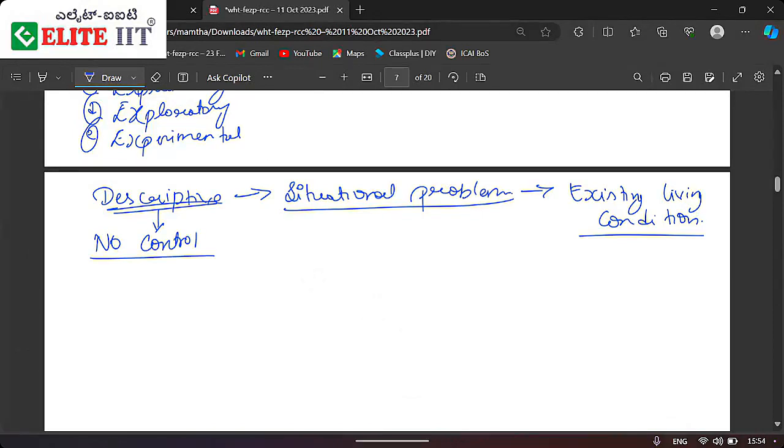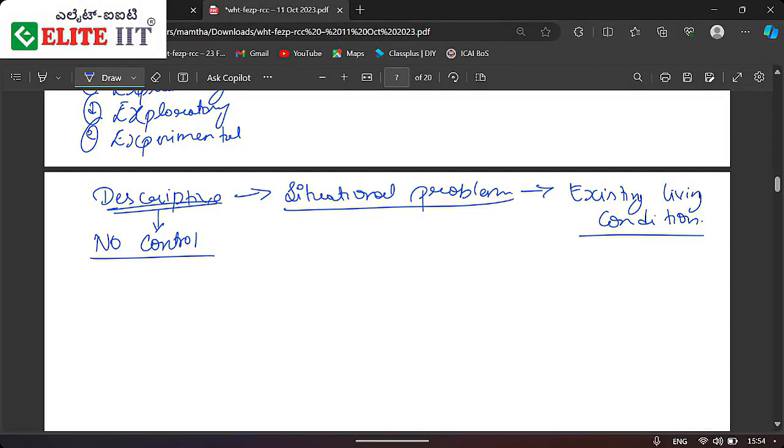I already said while we were discussing characteristics that you must keep controlled factors. When it comes to descriptive research, you can't have much control on all the variables which exist over here. We can just report what is happening. We can just understand what is happening in the actual sense, and based on that, we are going to give the research over here.